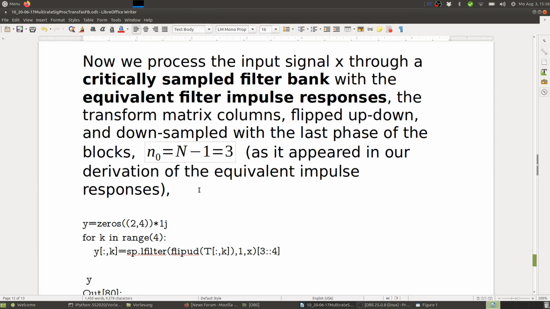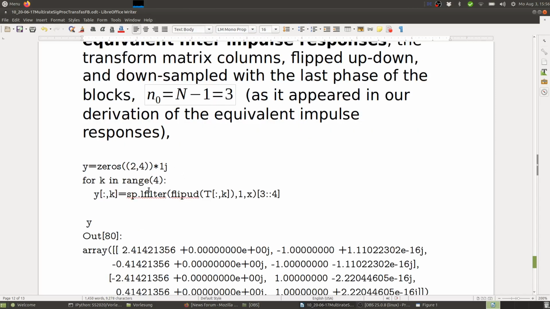So now basically we want to get the same result that we obtained from our transform, but using a filter implementation, which you can see here. So here we're using lfilter, which implements the filter convolution. You can see flip up down T for the kth column. So this is our filter impulse response.